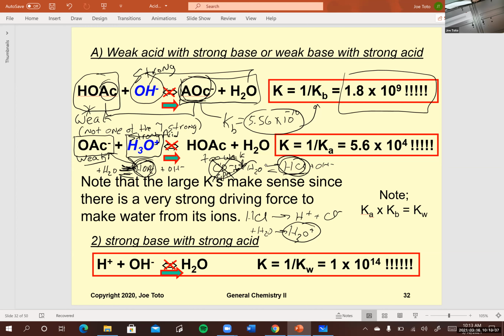And so now I have again a base and an acid. I had an acid and the base previously, and I want to see to what extent this is going to react. So again, I have this reaction take place between a weak base and a strong acid, and I see what it forms. I have a weak acid and water.